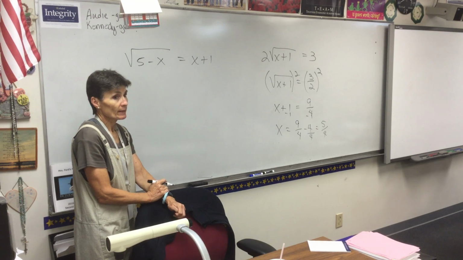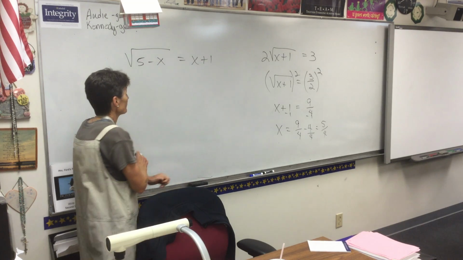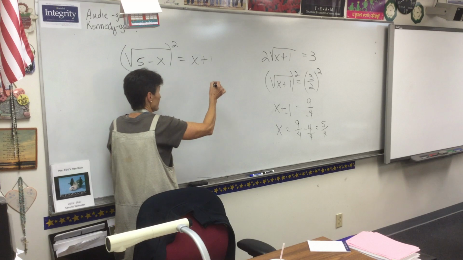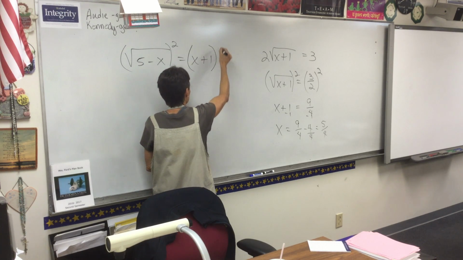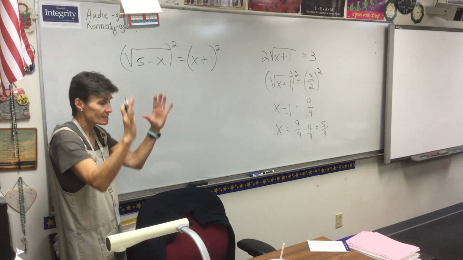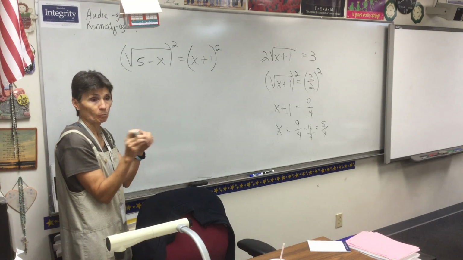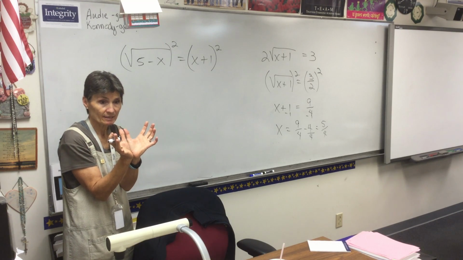Now, is the radical already by itself in this problem? Yeah. So I'm going to square both sides. But gang, when you square both sides, you are literally squaring the side. You're not squaring the individual pieces. You're squaring the whole side.